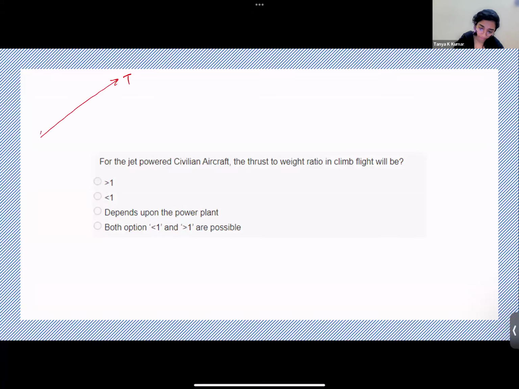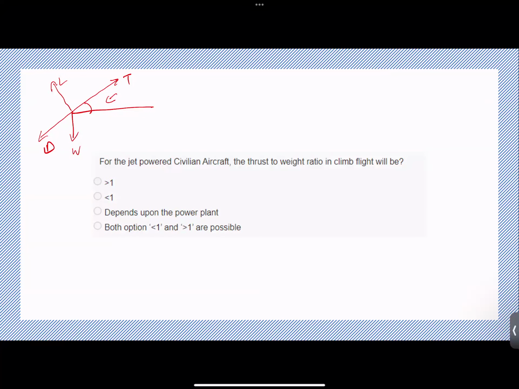This is thrust, this is drag, lift, mass, and what is this angle? Alpha. Flight path or climb angle represented by gamma. Try to write down the equations for this free body and then come up with the thrust to weight ratio of a jet powered civilian aircraft.